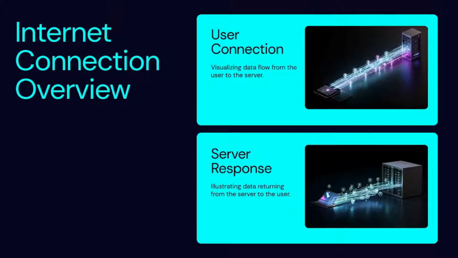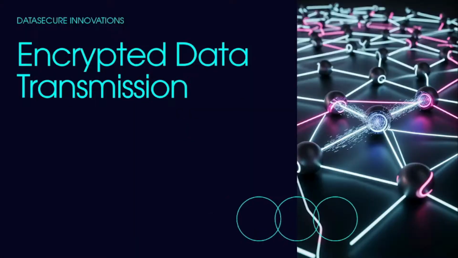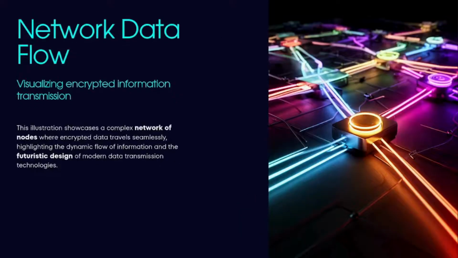When you use a normal browser, your request goes directly to the website server. For example, if you open Google, your device sends a request directly to the Google server. Along the way, your IP address is visible. Your ISP, router, and the website itself can see where the request came from.